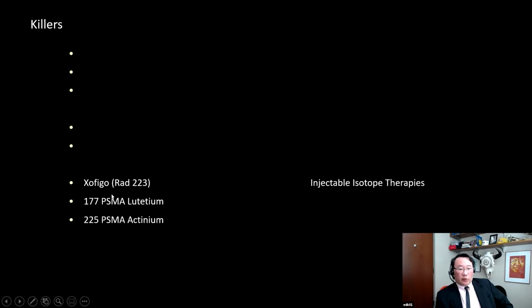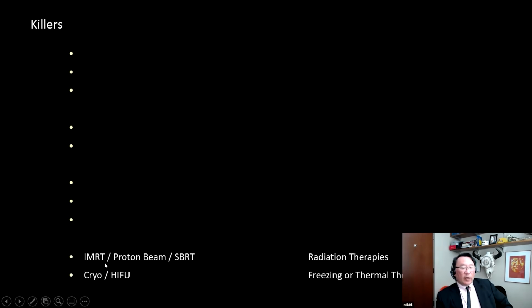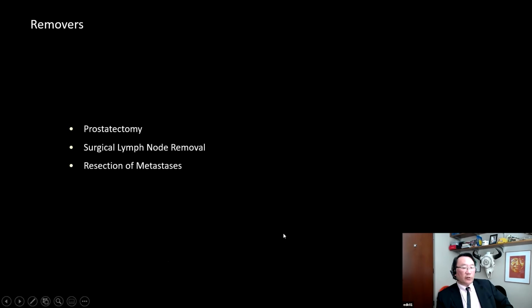Likewise, these isotopes, Xofigo, lutetium-177 PSMA, actinium-225, impart ionizing damage to cancer cells and they cause the cells to die. And likewise, if you freeze a cell, if you heat it, if you hit it with proton beam, stereotactic radiation, external beam radiation, you are going to kill cells. So we call those killers.